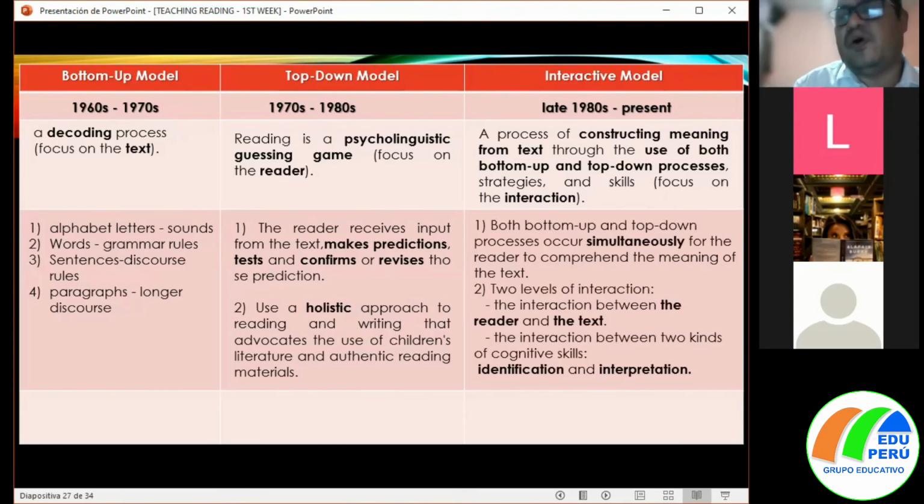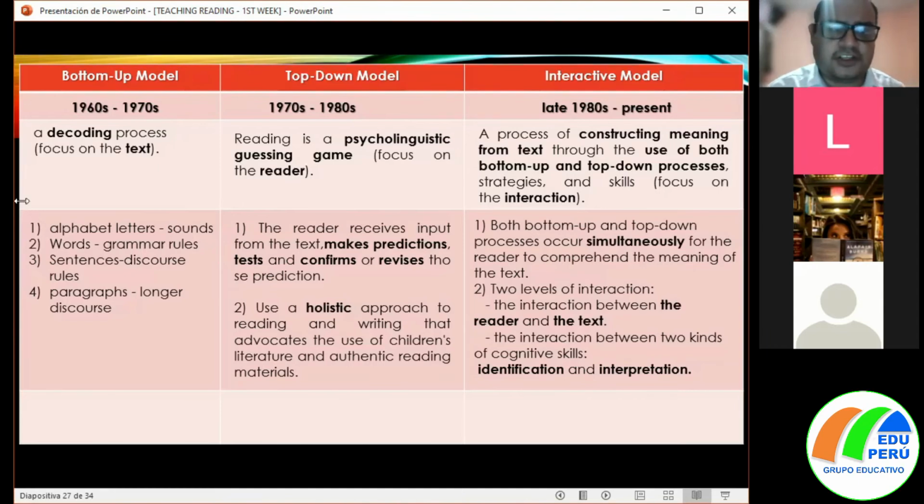In the interactive model, first, both bottom-up and top-down processes occur simultaneously for the reader to comprehend the meaning of the text. Notice we're going to have two levels of interaction. The interaction between the reader and the text, and the interaction between two kinds of cognitive skills, identification and interpretation.